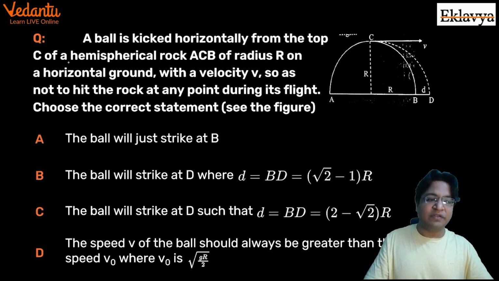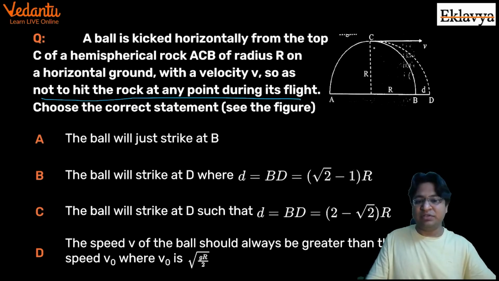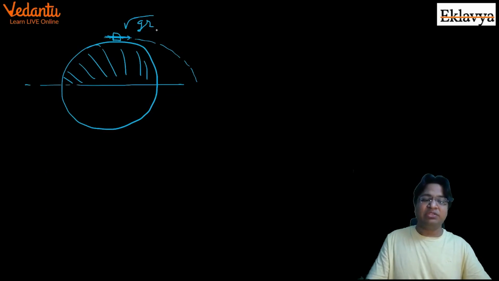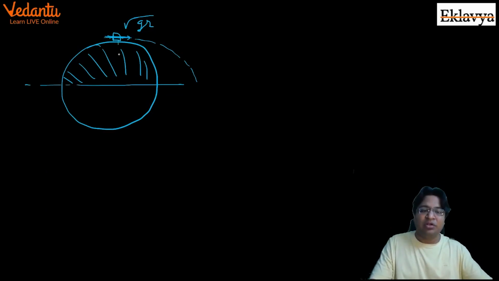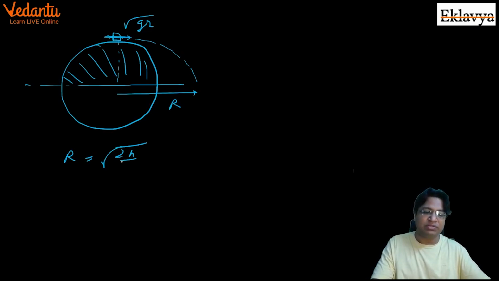The ball is kicked horizontally from the top of a hemispherical rock, and it is not hitting the rock at any point during the flight. So this velocity would be root gr, and once you know this velocity, you can use your knowledge of projectile motion to find this range. It's a horizontally thrown projectile, so range will be given as root of 2h by g, the time of flight, multiplied by the horizontal speed root gr, where here h will become equal to r.